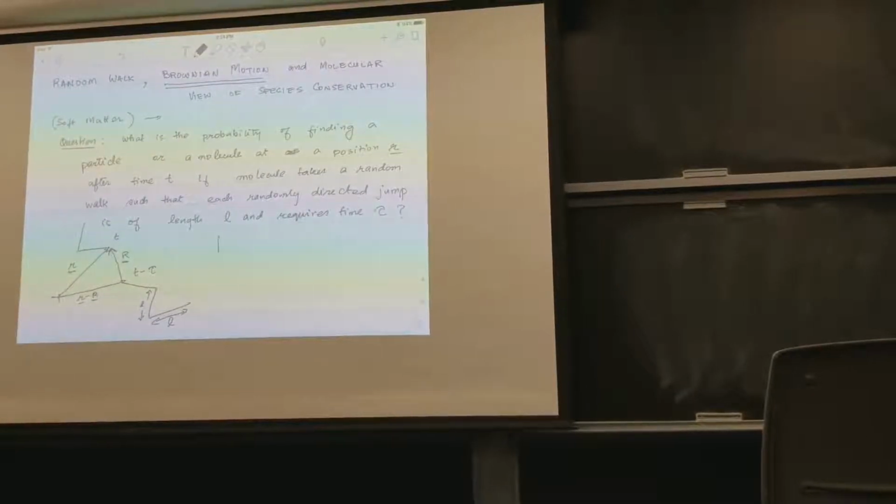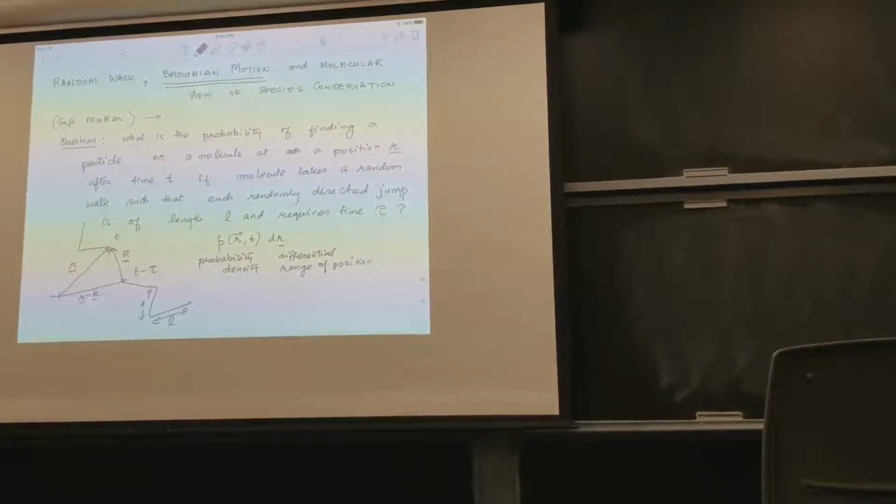So we are going to define a probability density, P(R,t), multiplied with dR. This is the probability density. When we multiply it with dR, we get the probability, and dR is a differential range of positions. To be notationally consistent, I should just put that.